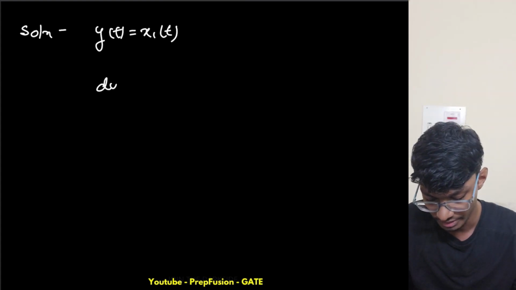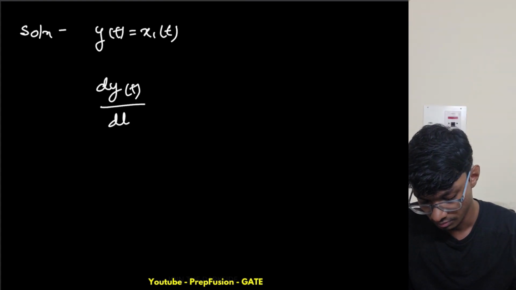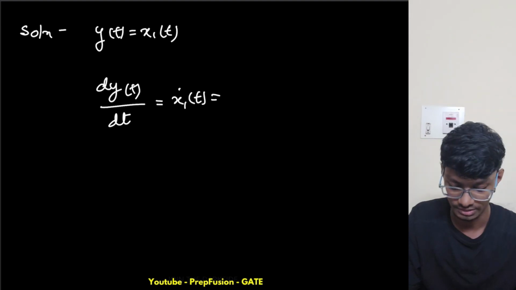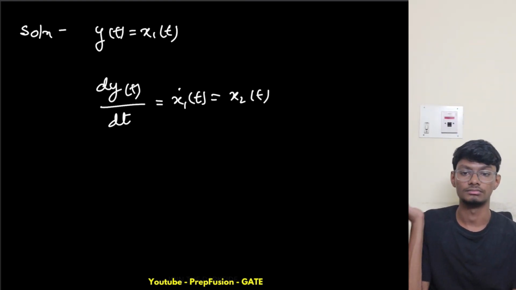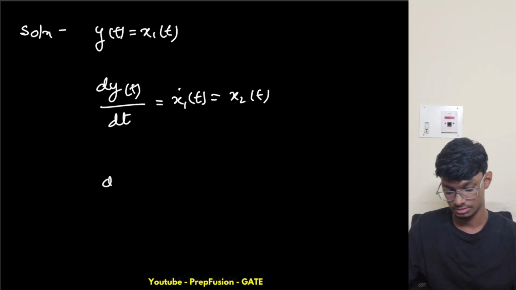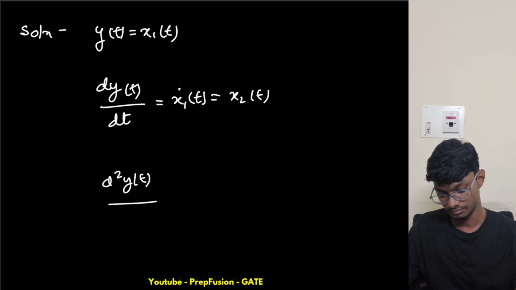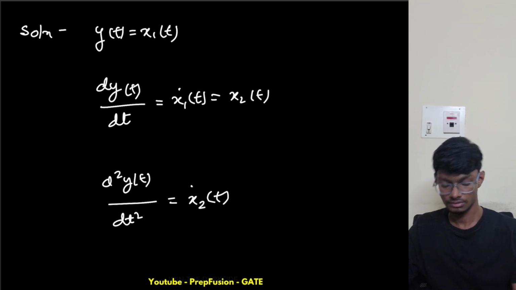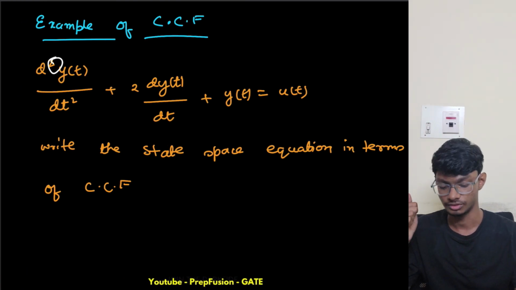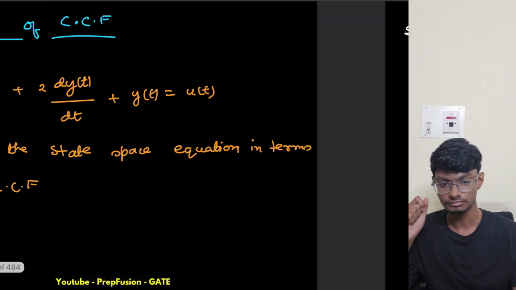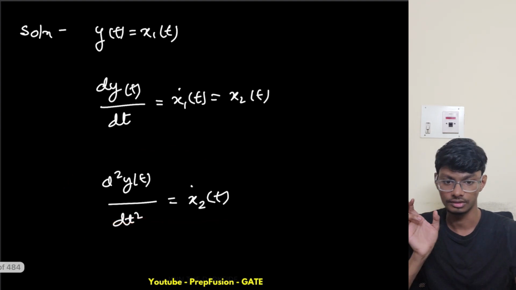Then the differentiation of the output, x1 dot t, equals the second state variable. And the twice differentiation, d square y of t by dt square, will equal x2 dot t. We'll have two state variables here because the order is 2. So this is how we have been doing it until now.